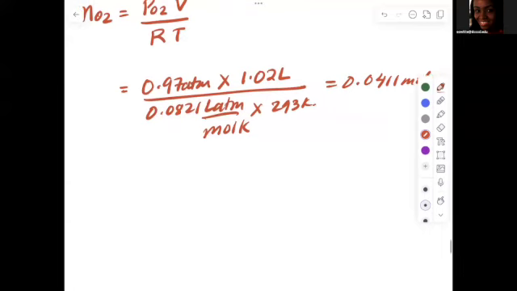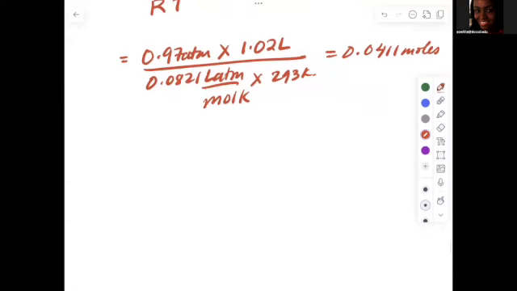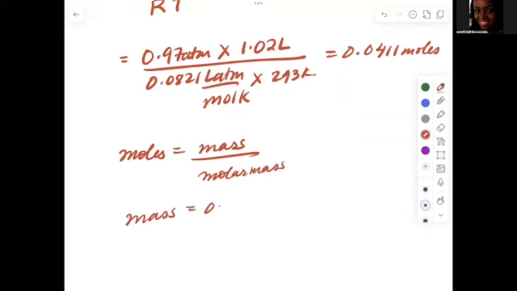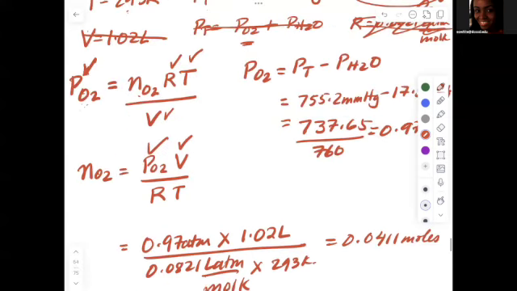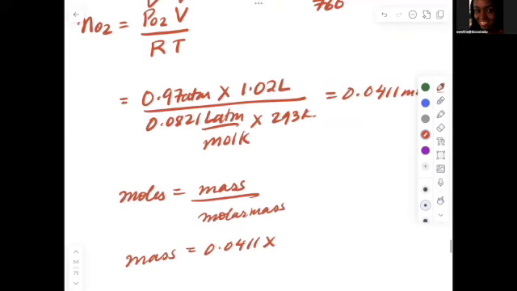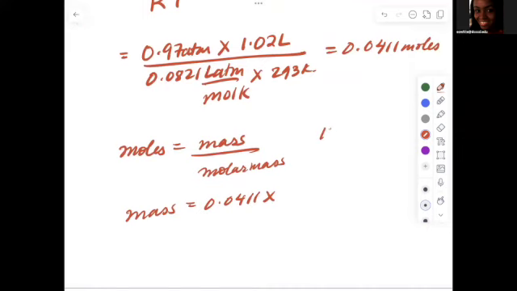So I'm going to write moles equal mass over molar mass. Make sure you know this formula by heart. So mass equals 0.0411 times, what was the gas again? Oxygen. Oxygen is 16 times 2, so 32 grams per mole.